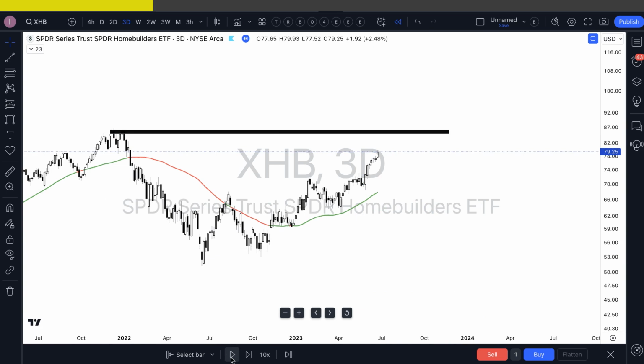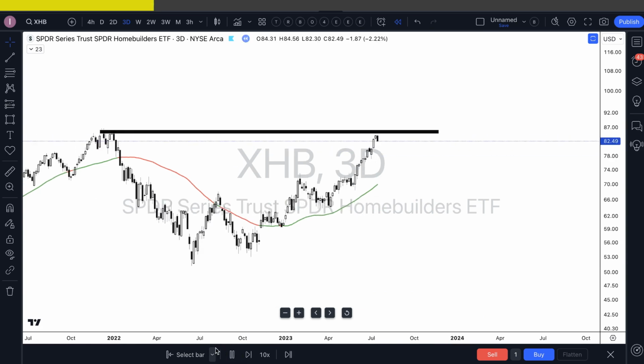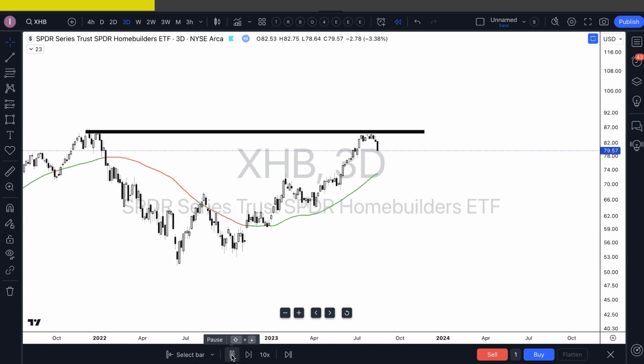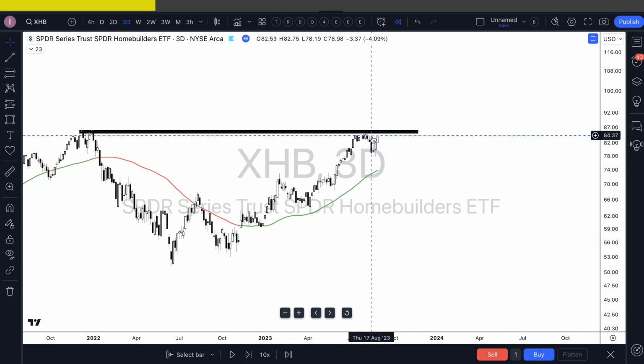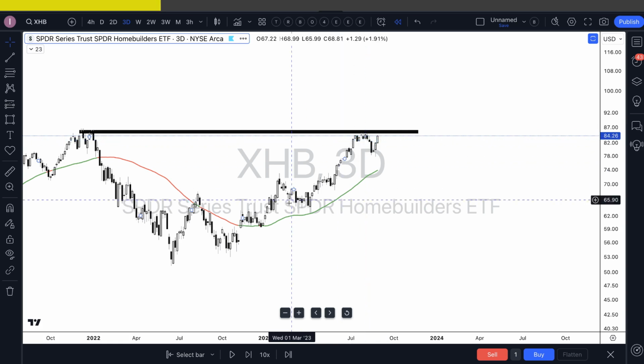All right, going to hit play. By the way, you see what happened when price got up to the neckline: it got rejected. That's why in all the trainings I'm doing, we never ever want to buy when it gets to that neckline, because you have no idea what it's going to do. This is a classic example of it getting rejected.